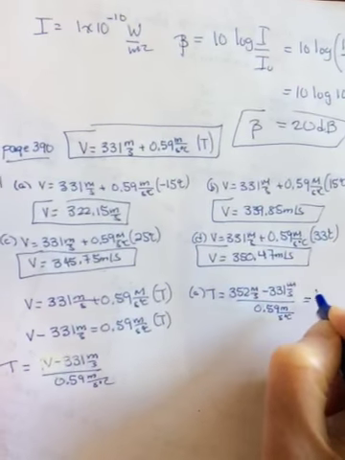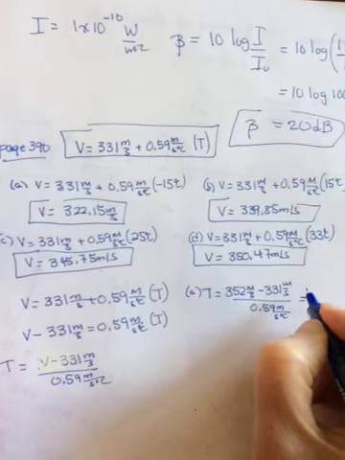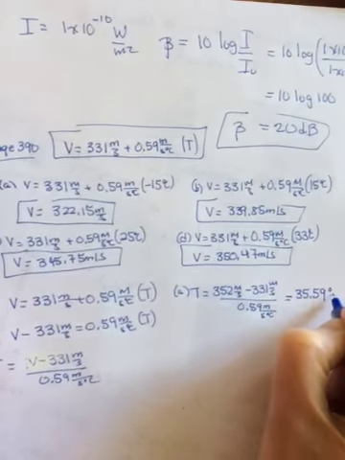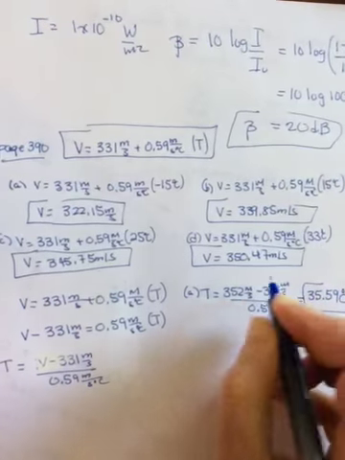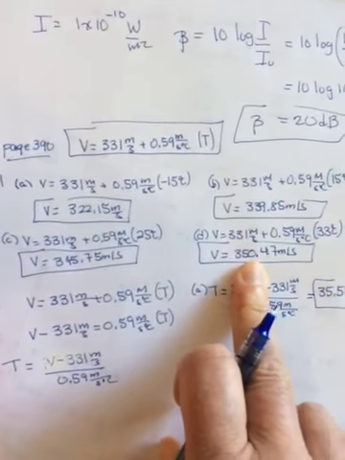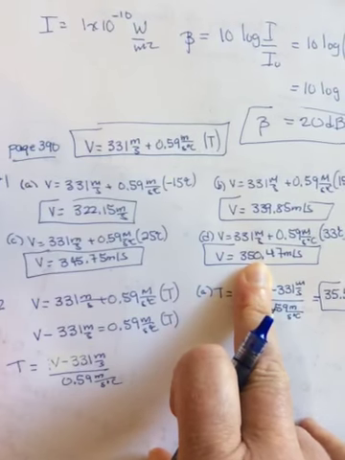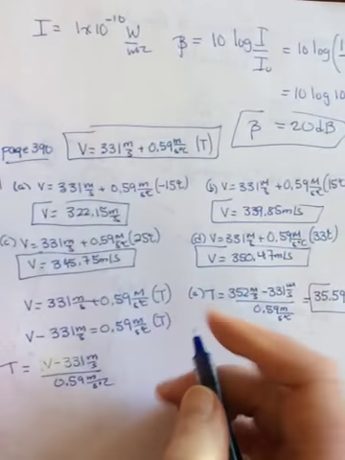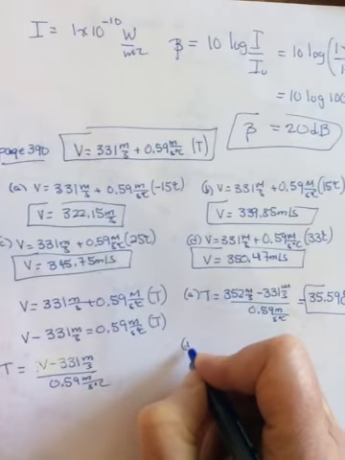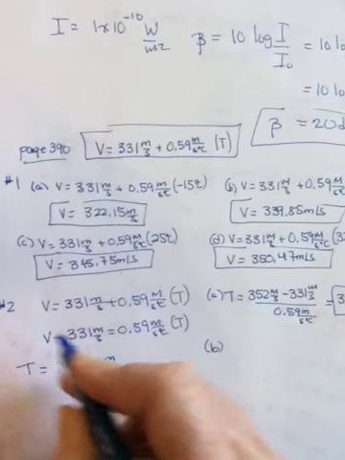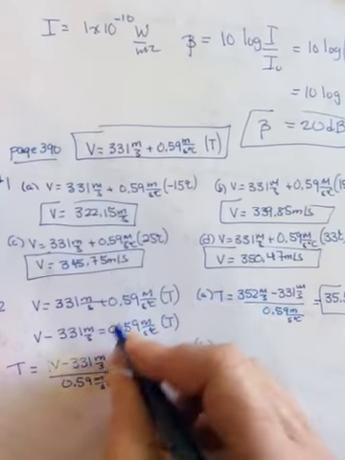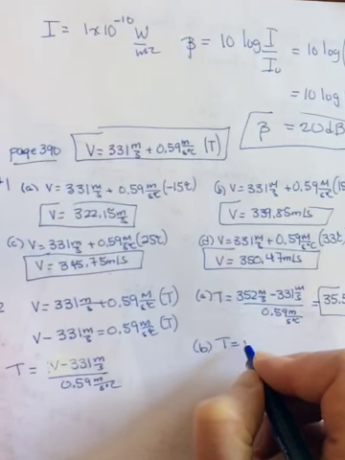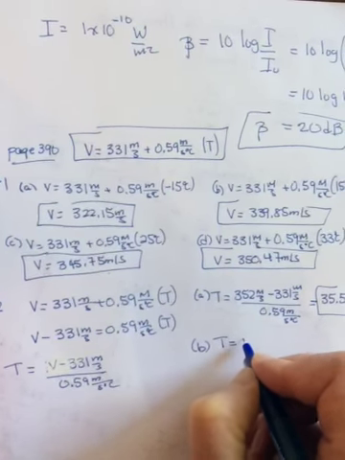And when you do this, you get a temperature of 35.59 degrees, which should make sense because in part D in number one we had 350 and this one's 352. D was 33 degrees, so this one should be slightly higher, and it is. And yes, I'm cheating. I'm using my rearranged equation because it would be exactly the same steps to rearrange all four of these times.